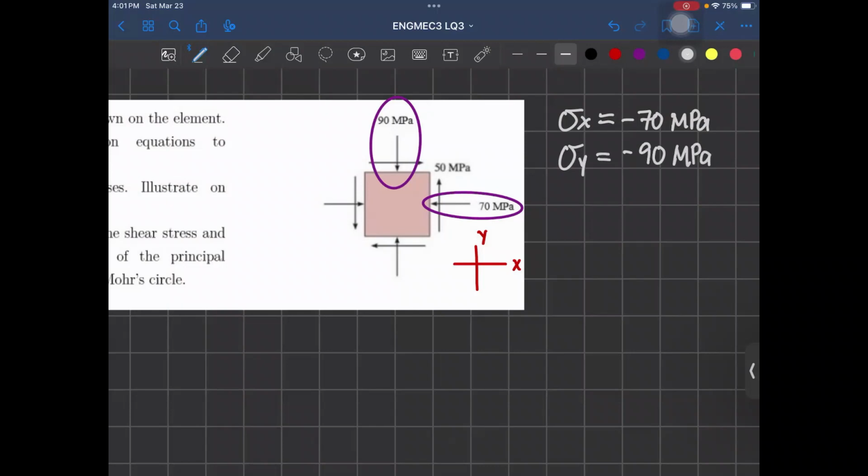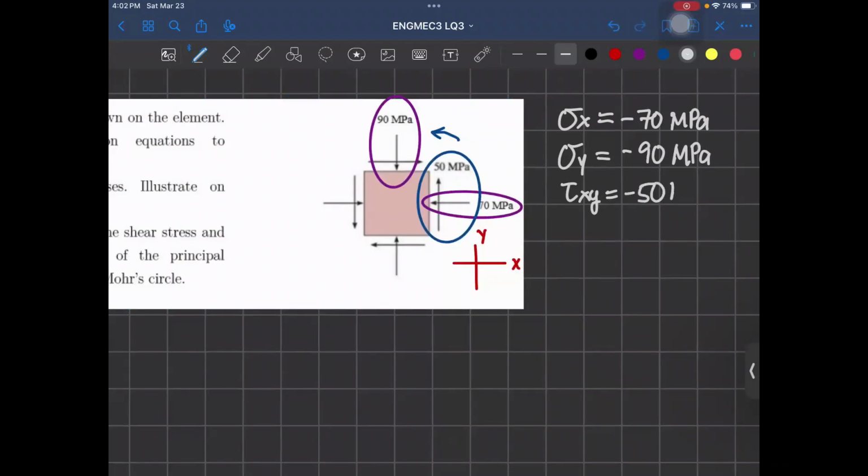Lastly, focusing on this one, the arrow pointing upwards, which is parallel to the element, the rotation that is caused by this stress, or this shear stress, is in a counterclockwise direction. So this would be equal to tau xy, or the shear along the xy plane, is equal to negative 50 megapascals.